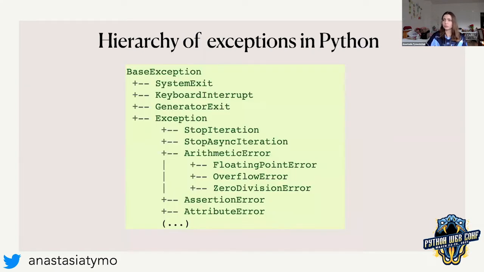This happens because the hierarchy of the exceptions is like that. There is BaseException at the top, and then the exceptions under it are SystemExit, KeyboardInterrupt, GeneratorExit, and Exception itself. So I think that the highest level of exception that you can catch would be Exception, just a normal exception, because we don't want to catch any keyboard interrupts.